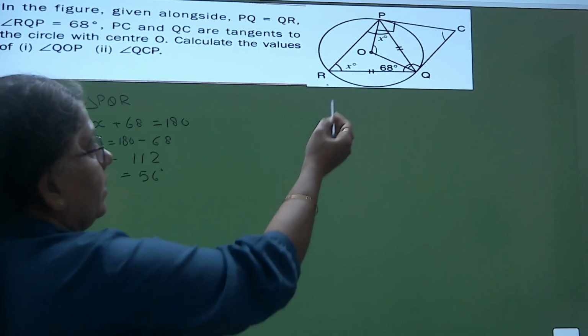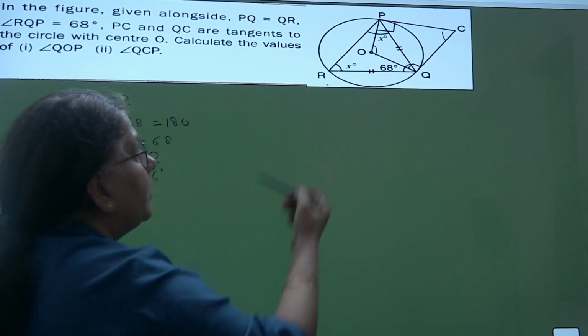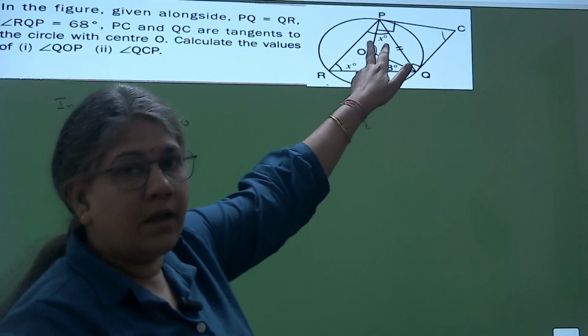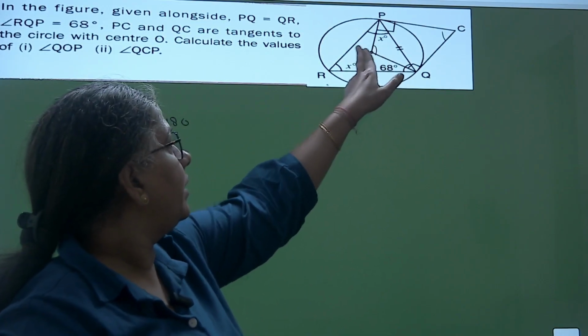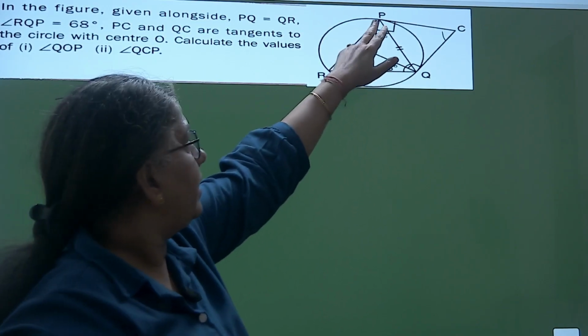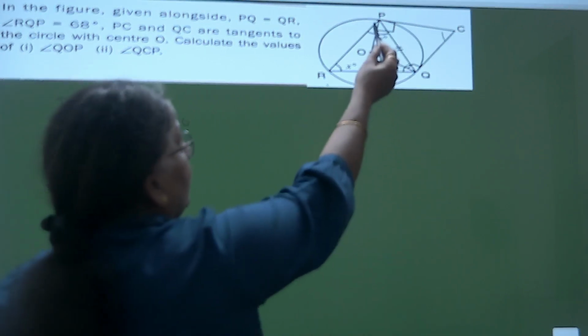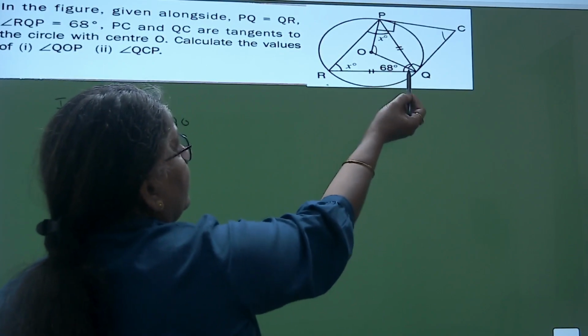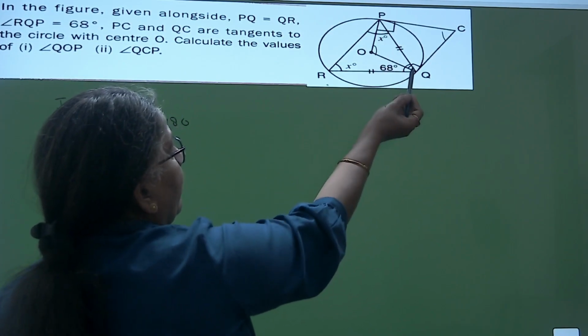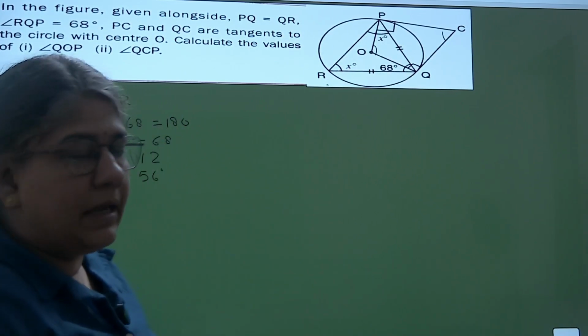Now we know the relationship between the angle that is formed at the center and the angle that is formed at any part of the circle. So this angle, that is QOP, is twice angle QRP.